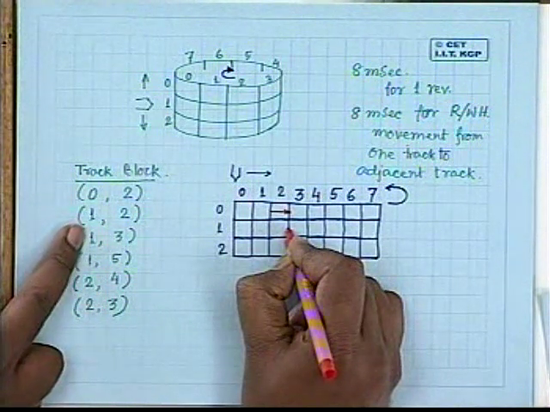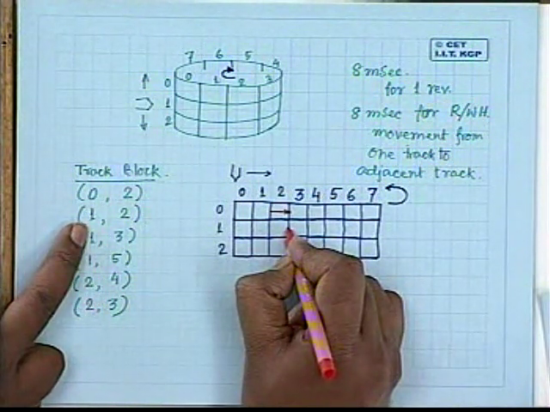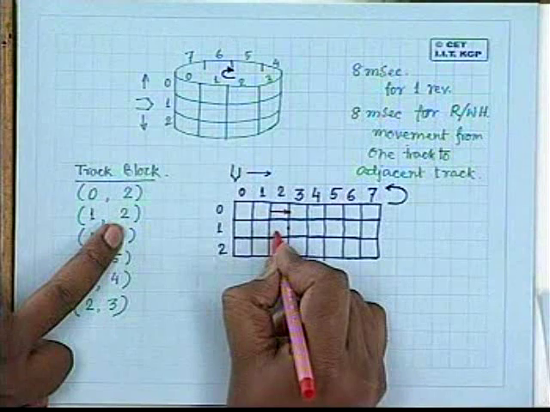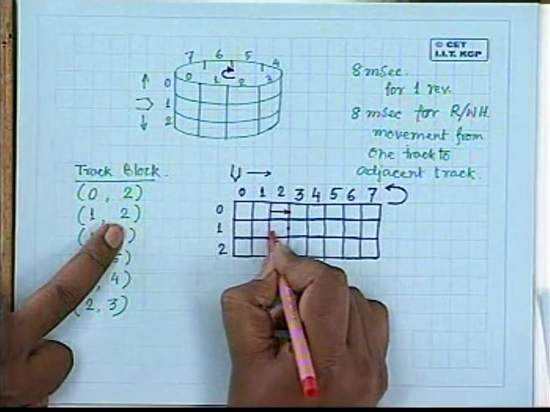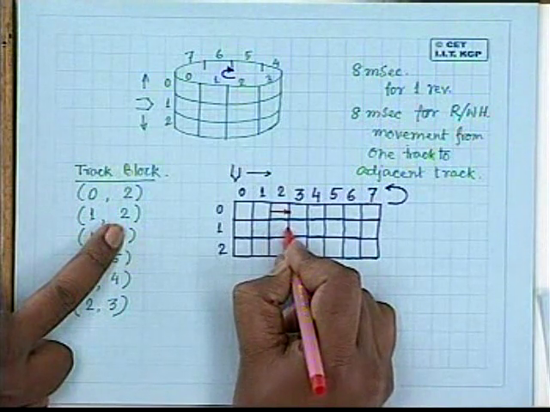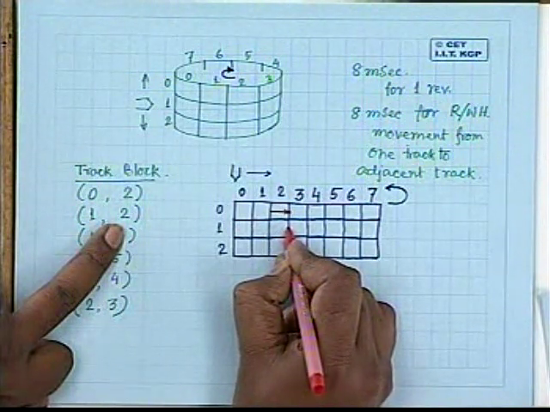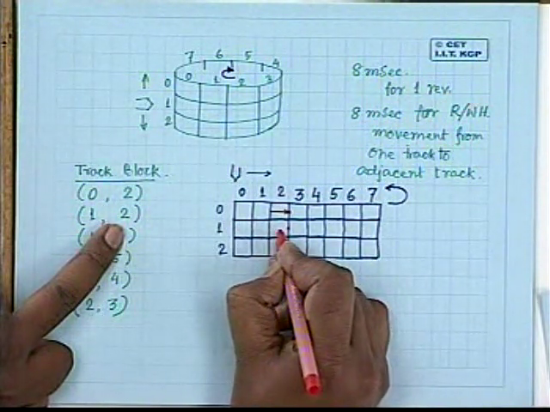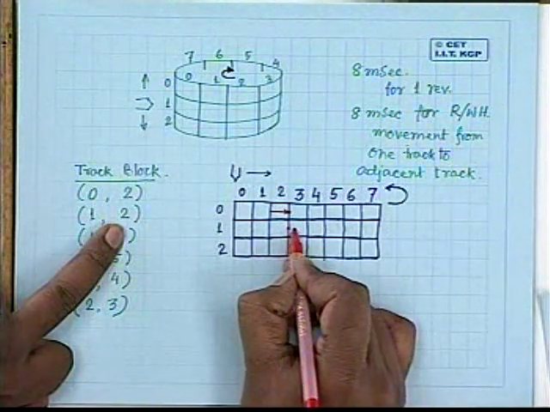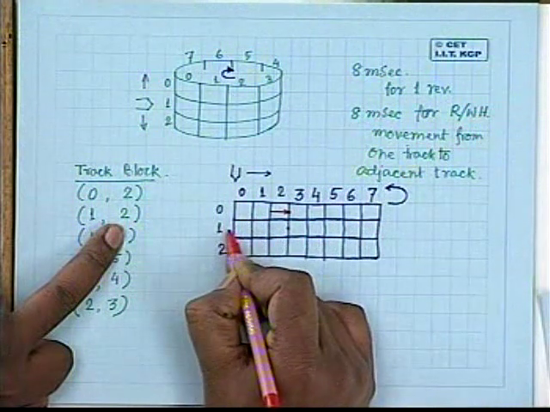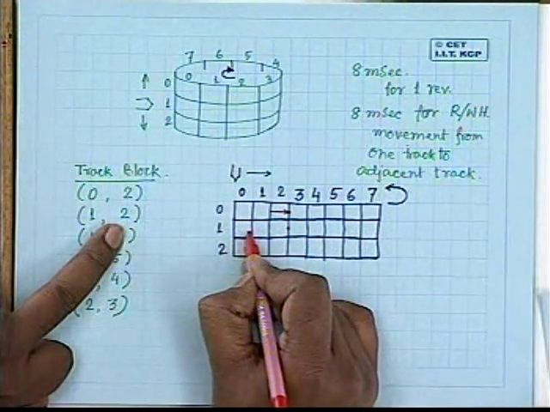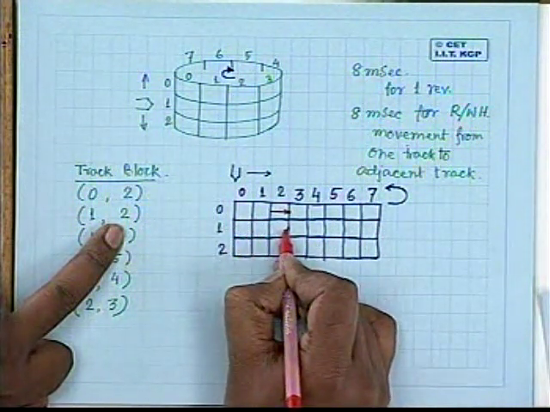The next request is track number 1, block number 2. That is for reading this particular block. My current read-write head position is this. If I want to read this one, the read-write head has to move over all these blocks, come back to block number 0, pass block number 0, block number 1, then block number 2.